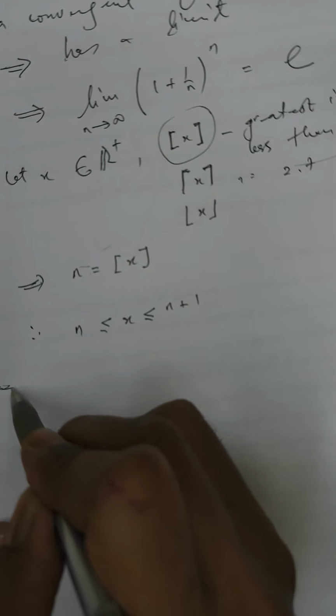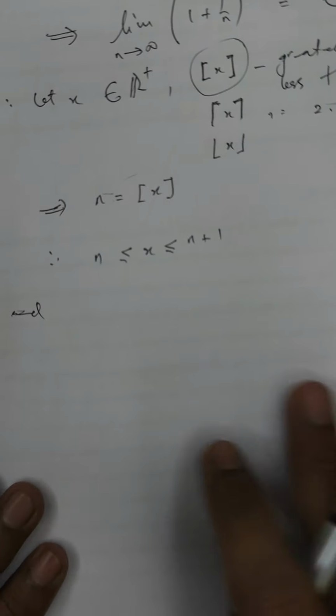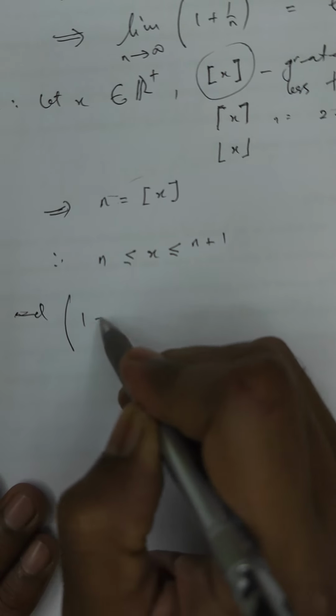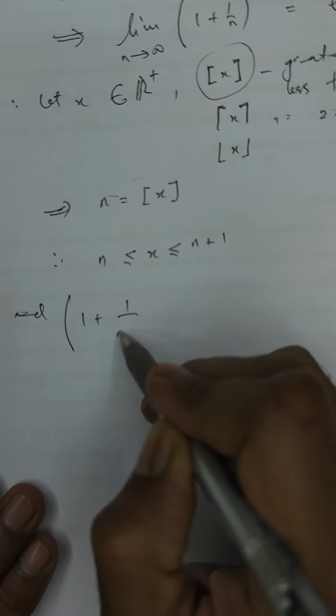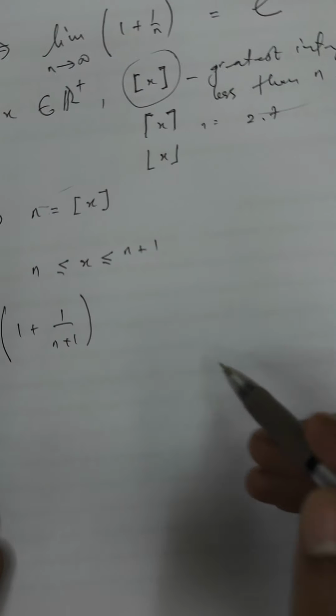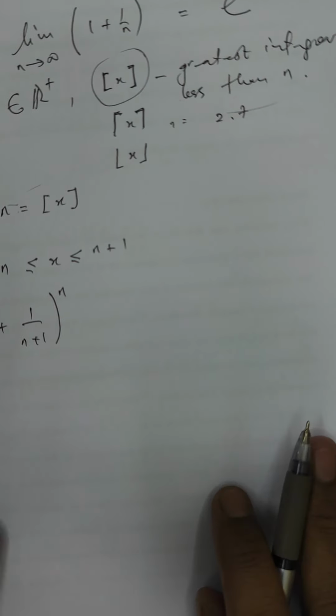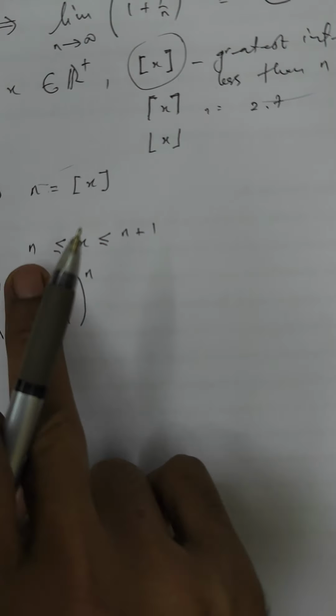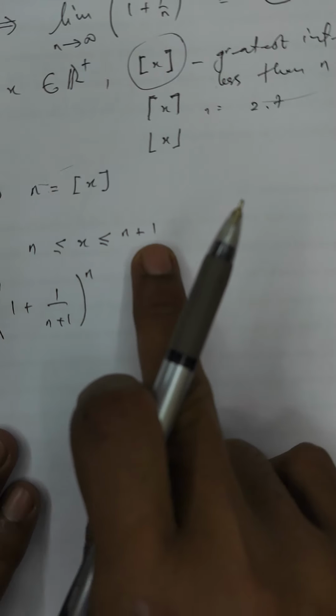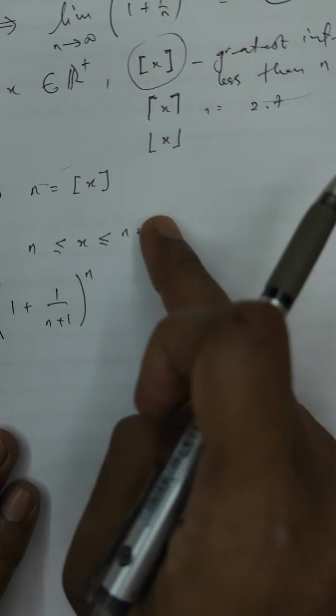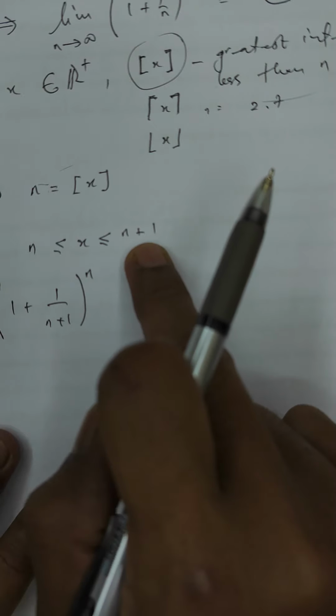And we have, all right, 1 plus 1 over n plus 1 to the n. So just look at those things. We just replace those n, you put those as a denominator.